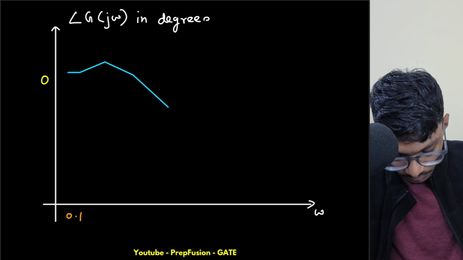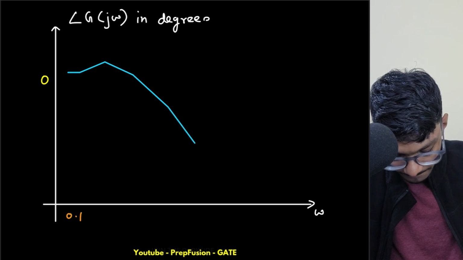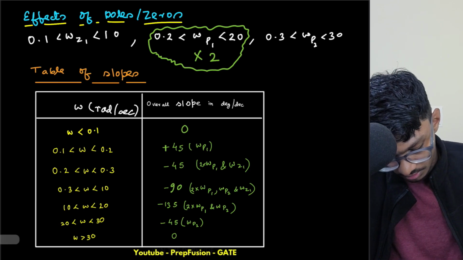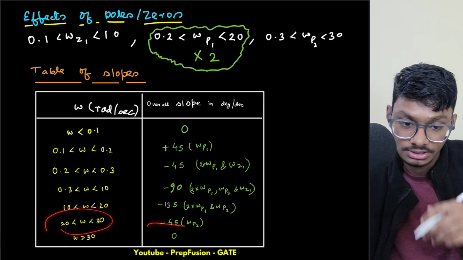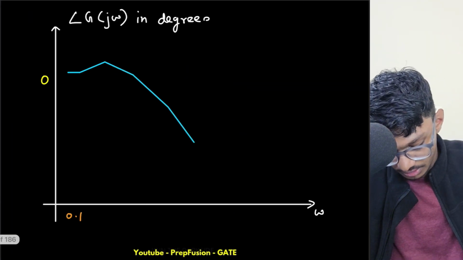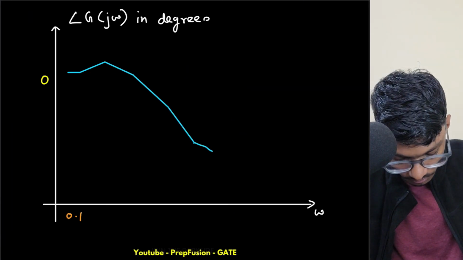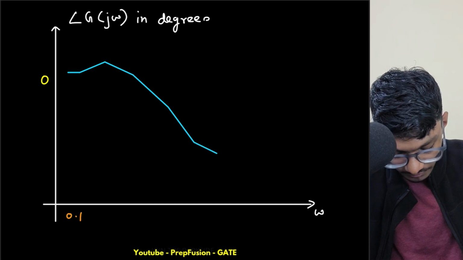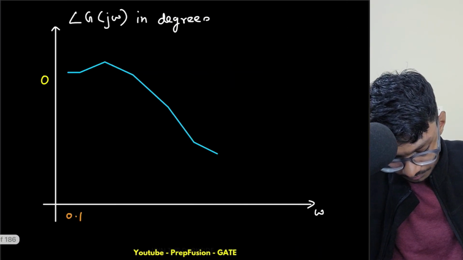So this is minus 135, and after this what is happening? It is increasing now. It is going to minus 45. So again this becomes minus 45. Then after this it goes to 0.